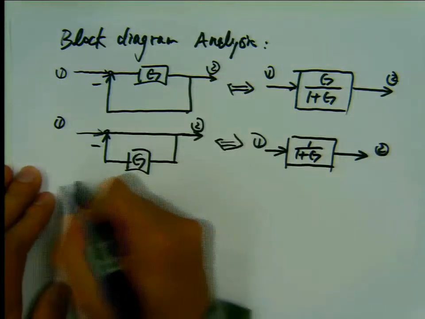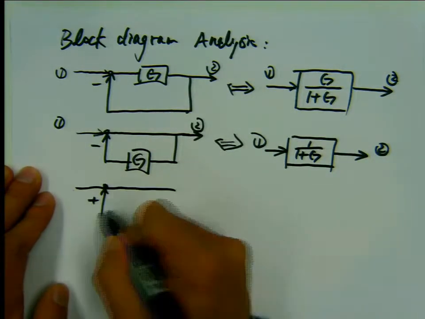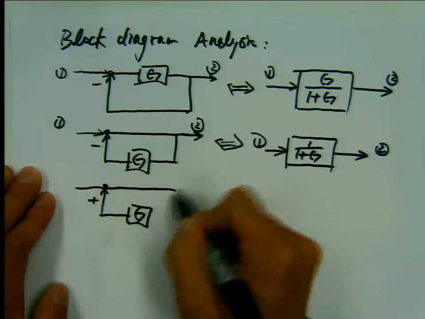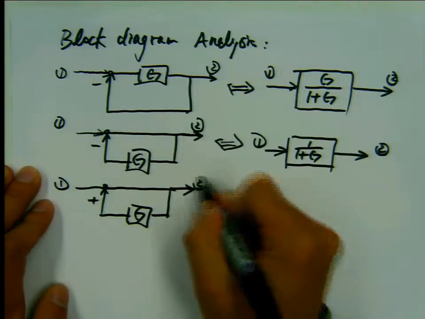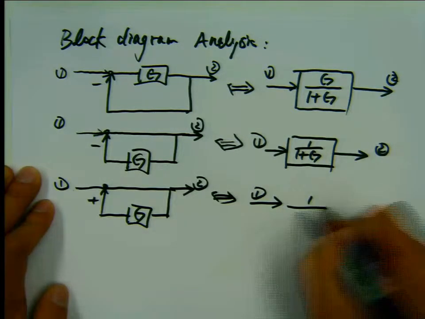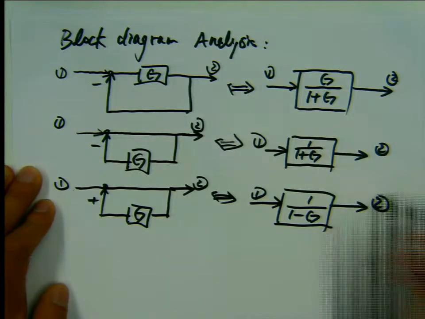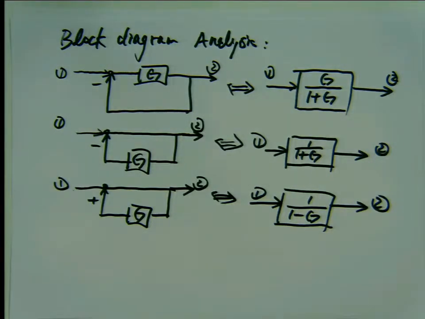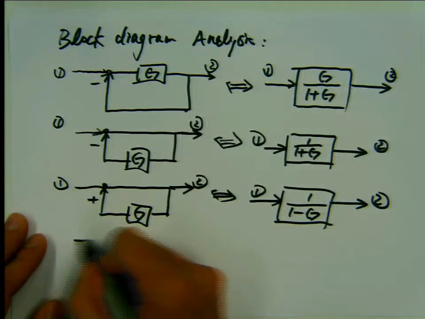What about if you have a positive feedback loop? This is plus. Then you have 1 divided by 1 minus G. Okay, so that's very good. These are very fundamental, but if you use them well, they can bring significant simplifications in the analysis. The last one should also be straightforward.